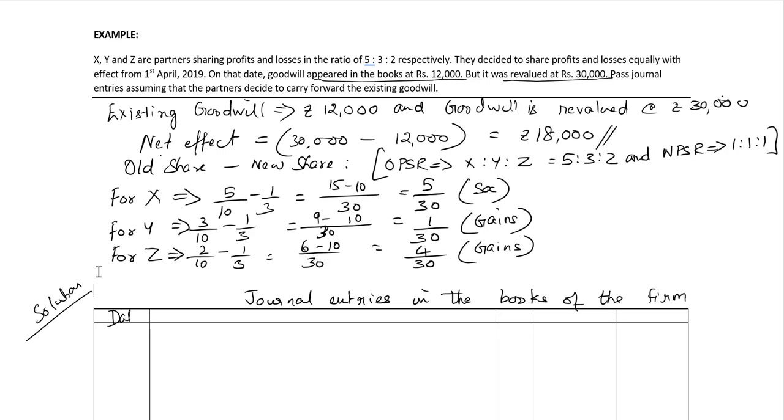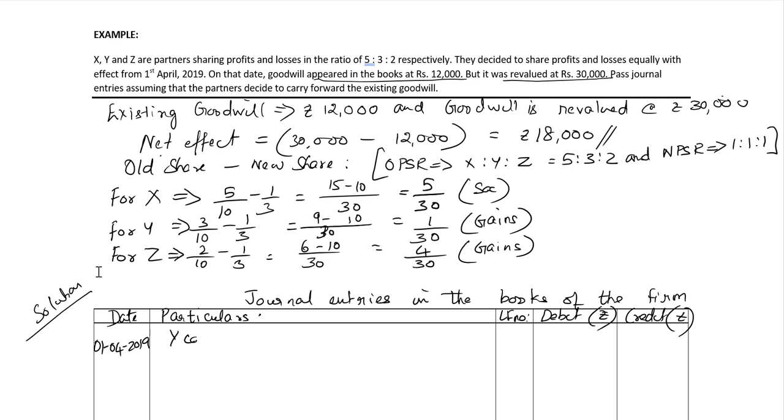Date, particulars, LF number, debit rupees and credit rupees. We need to debit the gaining partner and credit the sacrificing partner. The date is 1st April 2019.